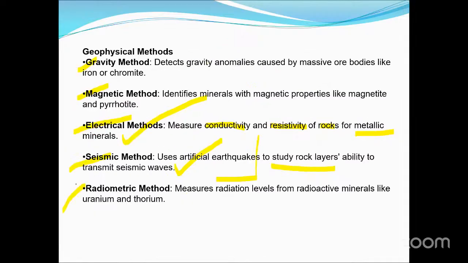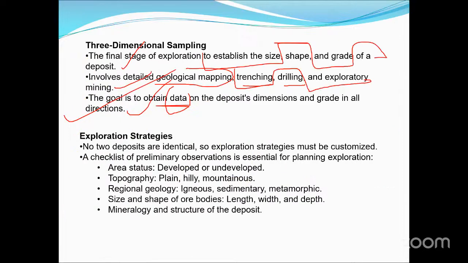Whereas in geophysical, five different types of methods are there based on their physical properties: gravity method, magnetic method, electrical method, seismic method, and radiometric method. And in three-dimensional sampling, the final stage of exploration to establish the size, shape, and grade of a deposit.